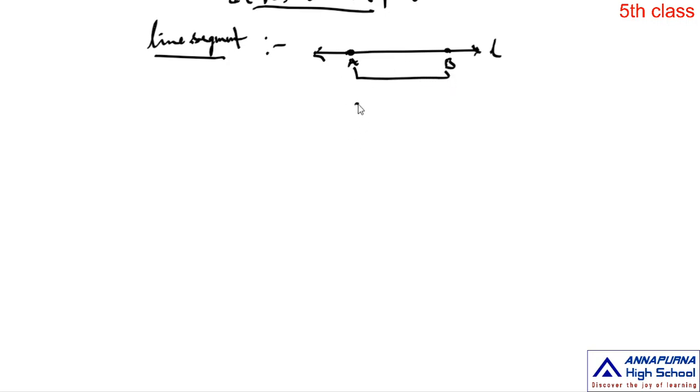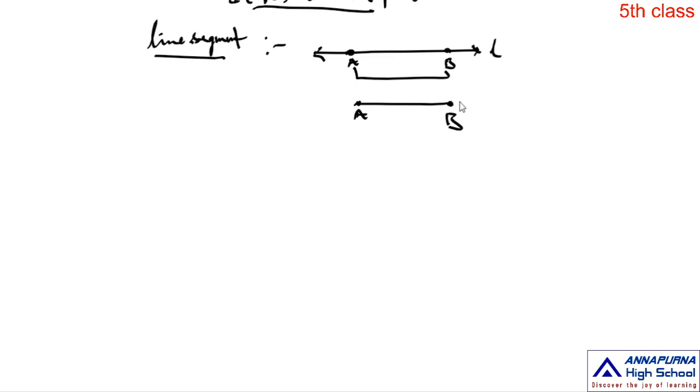Suppose if we write this one as AB. So here AB is the line segment. It is the part of line. It has two endpoints, A and B.